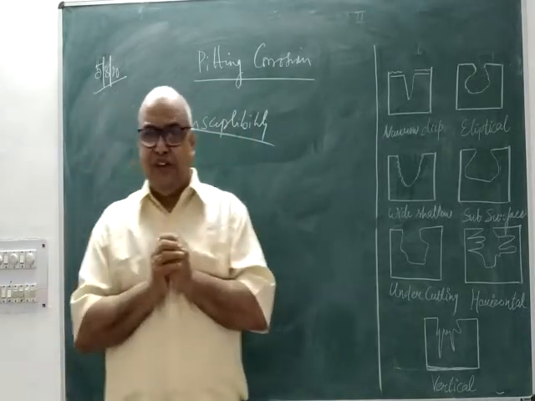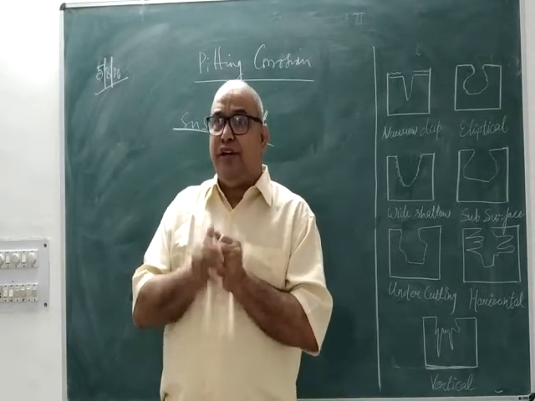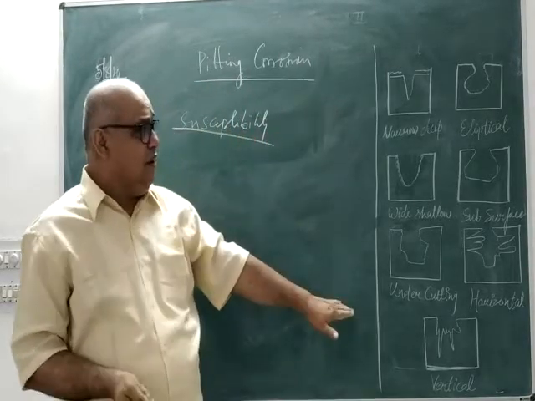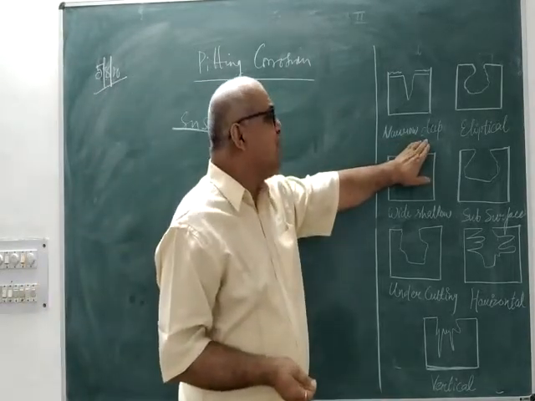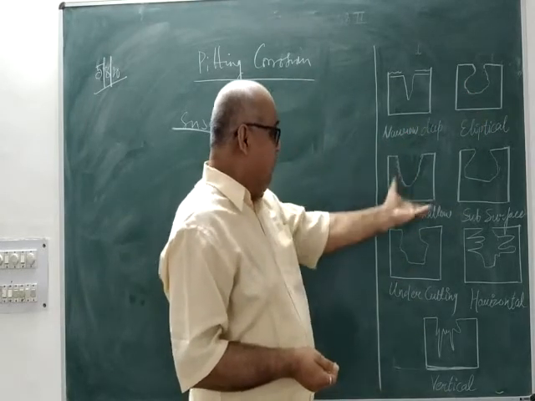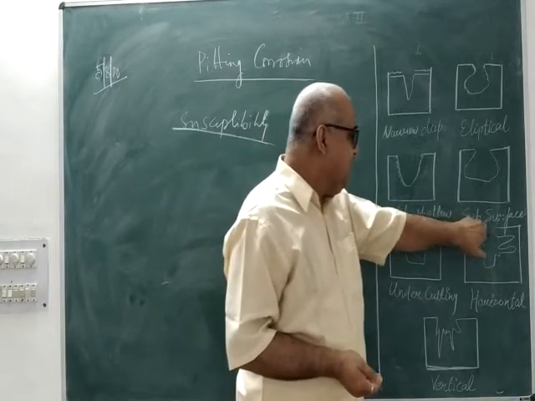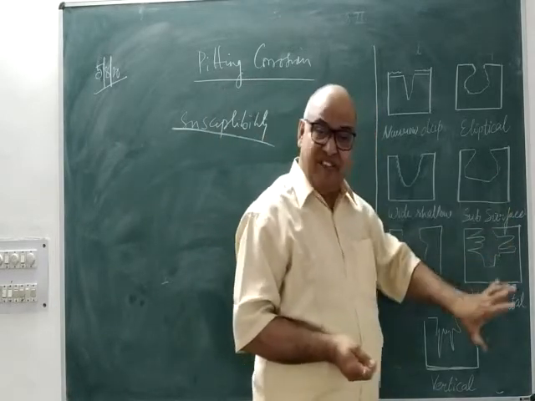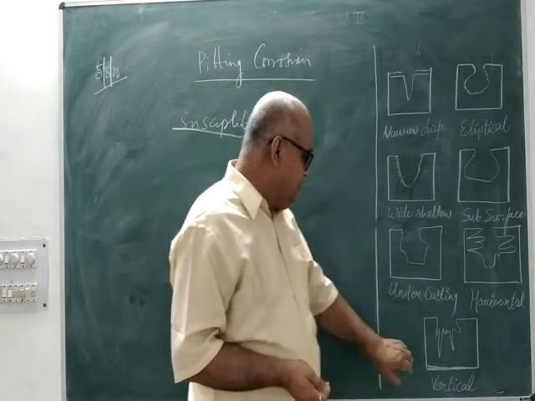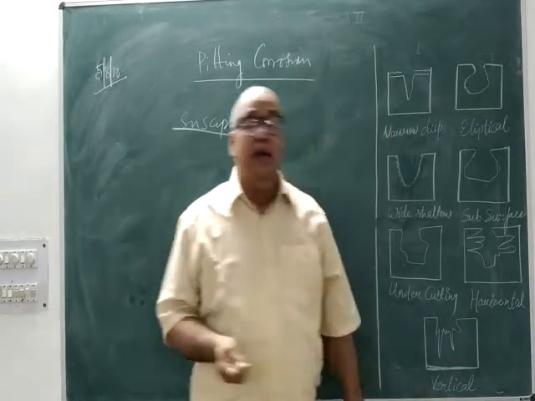As a result, the pit may take different kinds of shapes, which are represented here. It may have a narrow deep shape, an elliptical shape, a wide shallow shape, it can be a surface type, it may be undercutting, horizontal, and the last one is vertical type.